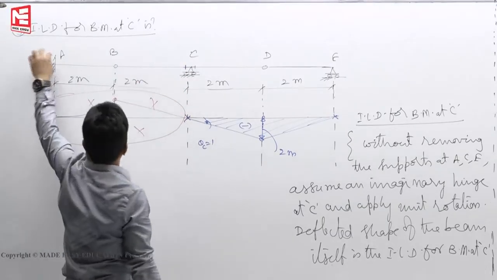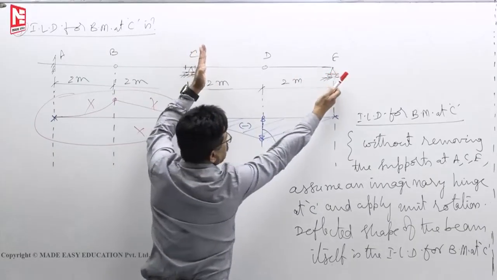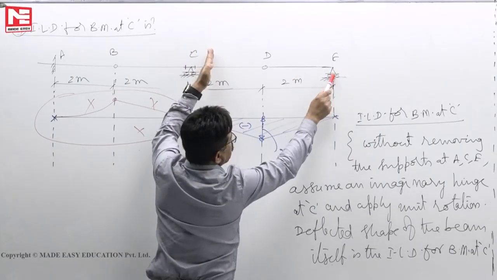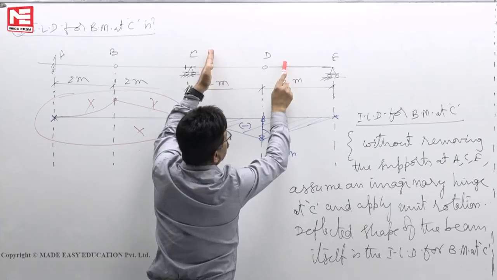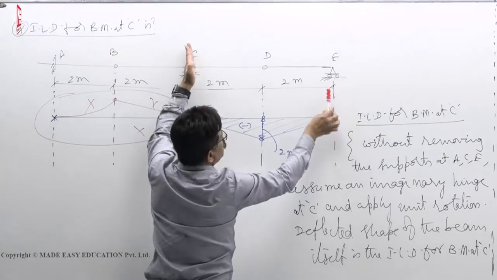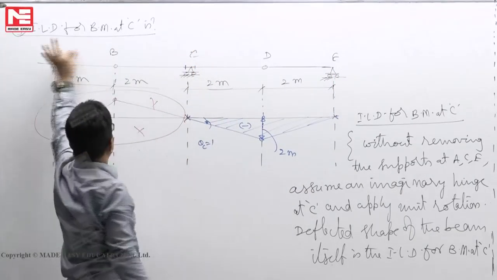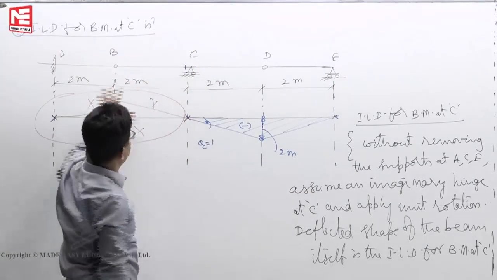Why? For all positions of load here, I will cut here, look at the right side. What is reaction at E? Reaction at E will exist only when the load is here, but load is not there. So V is 0 when the load is here. So once V is 0, 0 into 4 is 0.